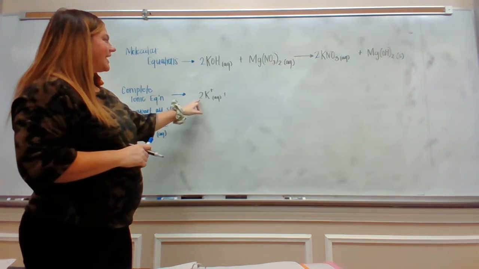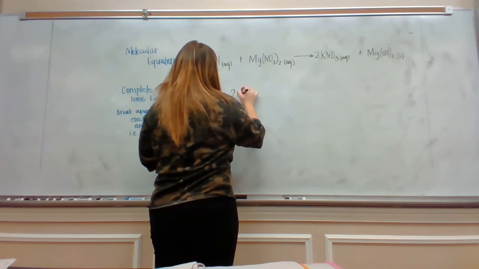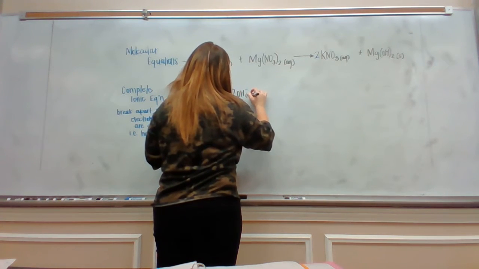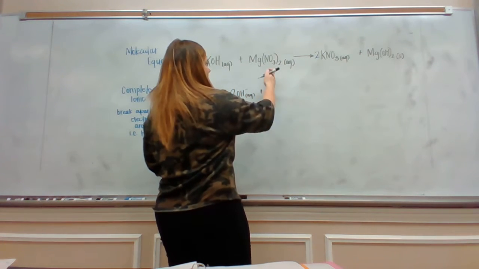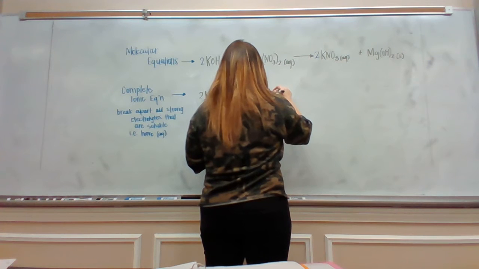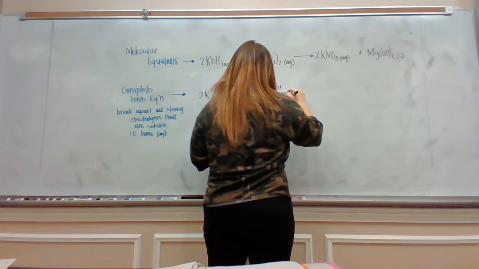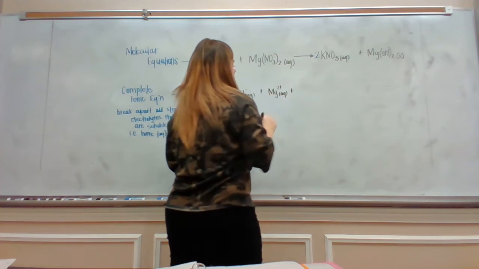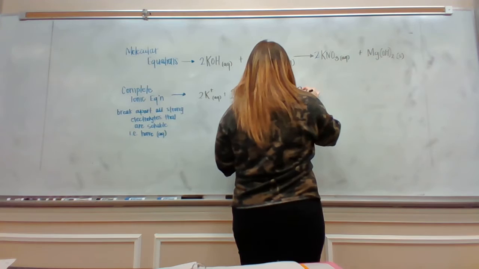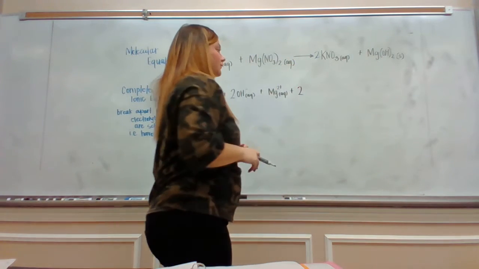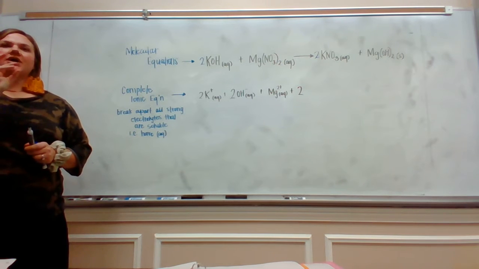So here, I actually have 2 potassium ions, 2 hydroxide ions. Then I move to magnesium nitrate. I only have 1 magnesium. How many nitrates do I have? 2. So I move that 2 out in front, because that 2 is not part of nitrate's formula.